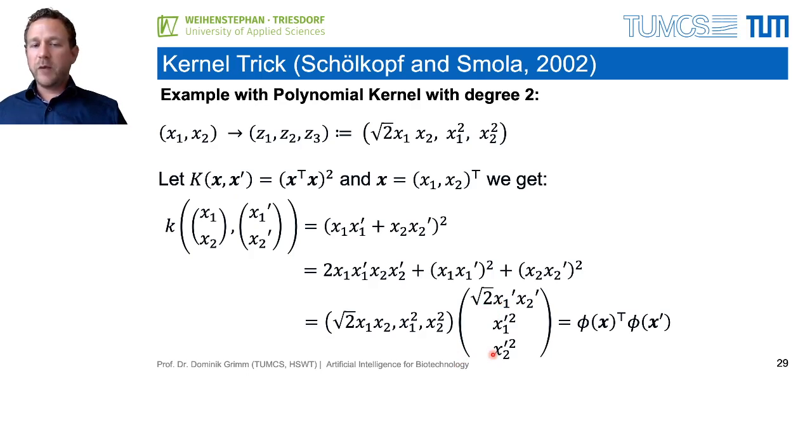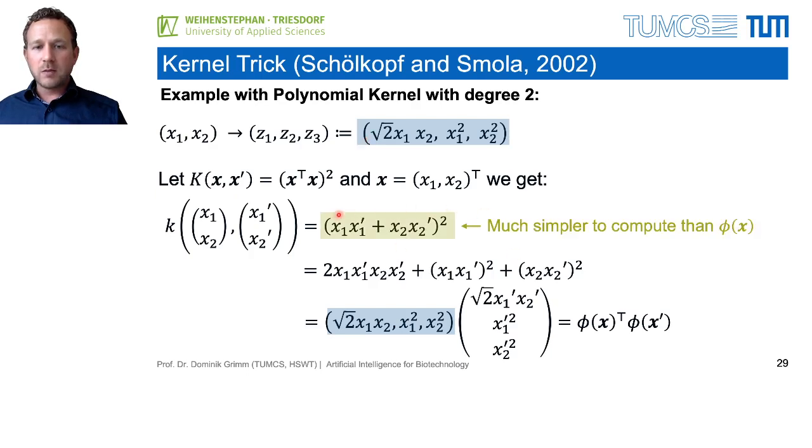If we now look at this formula, you see that's exactly the formula that we computed to separate the data. And the nice thing is that when we compute this kernel, this formula is much simpler to compute than that formula. So with this polynomial kernel of degree 2, we can exactly compute a result.